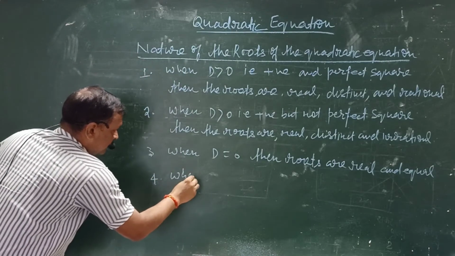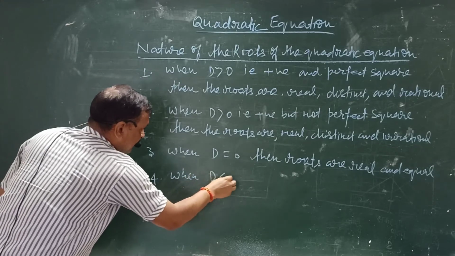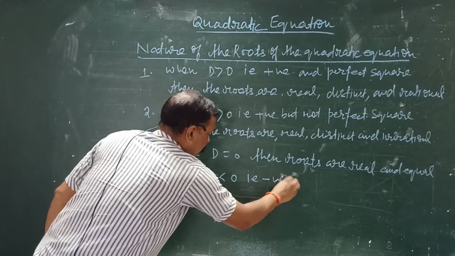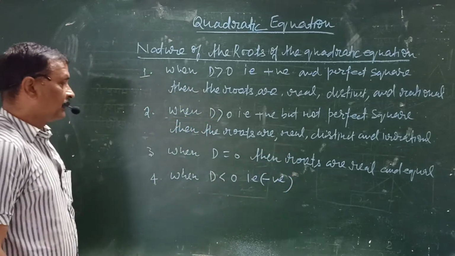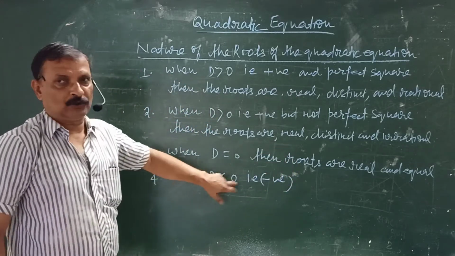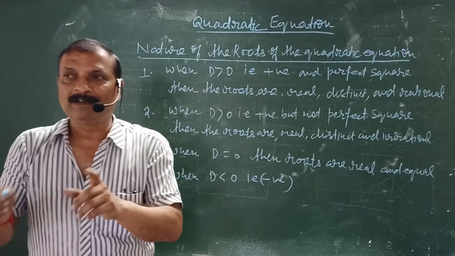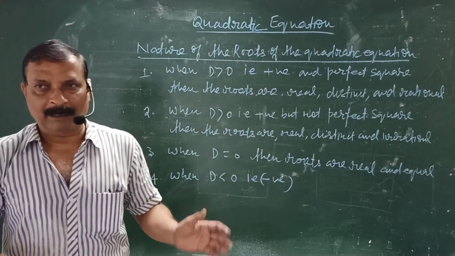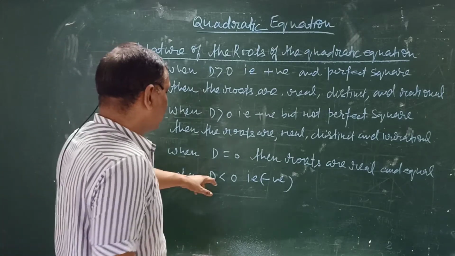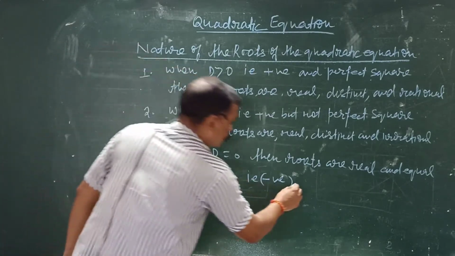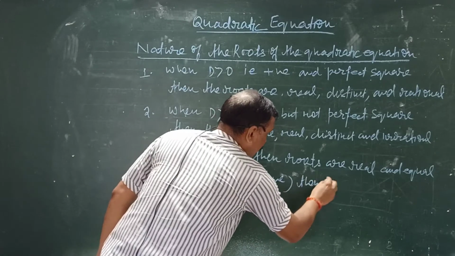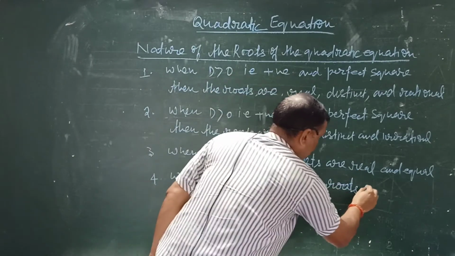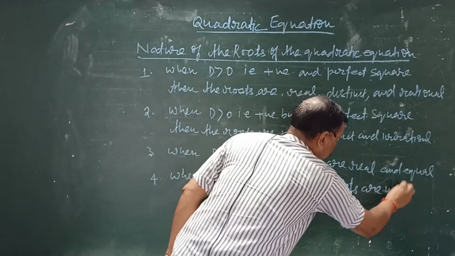When D is less than 0 means such that negative value आती है, i.e. negative. Suppose -12, -15, -16. D is less than 0, i.e. negative, then the roots are not real.